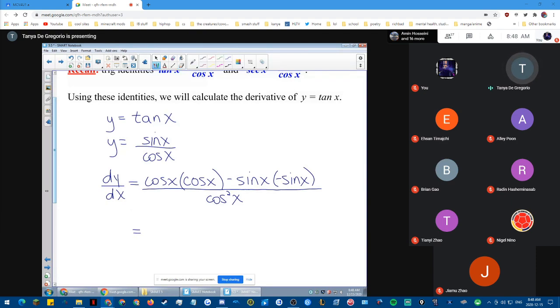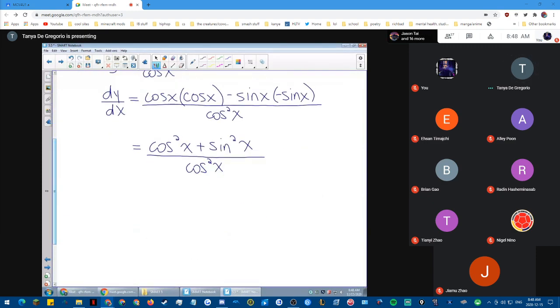Okay, so what we're left with here is cos squared of x plus sine squared of x, all over cos squared of x. What can I do from here? The numerator equals 1. It does. The numerator equals 1.